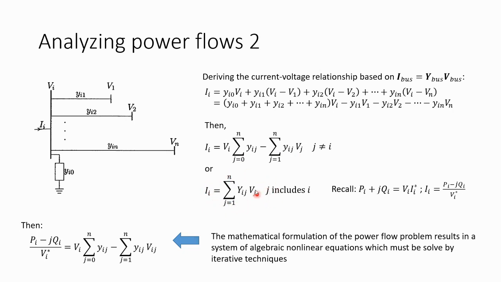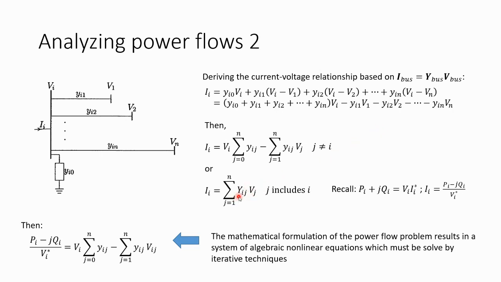And this term can be further reduced into a more compact one, such as this. If we do a little bit of retracing, we will realize that this is actually equal to this and this. For example, when j equals 1, it will be Yi1 multiplied by V1. Yi1, remember, is negative Yi1 or negative Y1i.